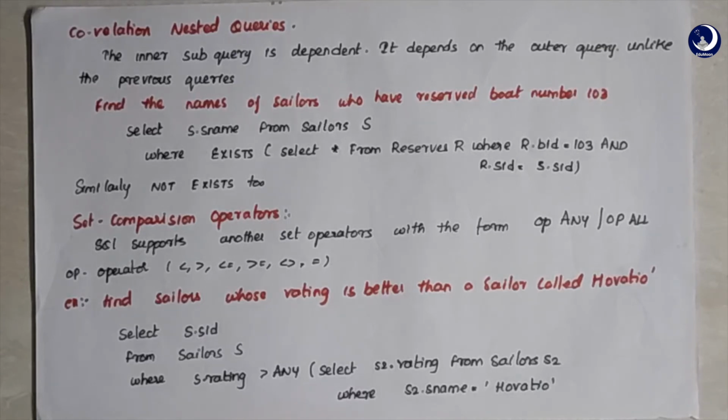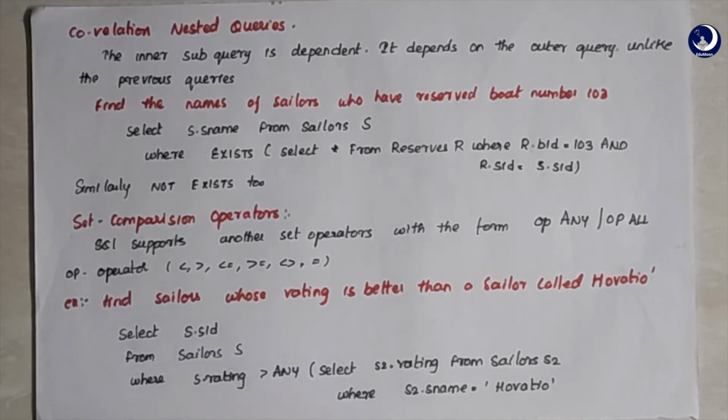Right, we are done with the correlated nested query. Let's look at the next type, which is the set comparison operator. SQL supports another set of operators in addition to IN, NOT IN, EXISTS, NOT EXISTS, UNION, INTERSECT and EXCEPT, which is of the form operator followed by ANY or operator followed by ALL.